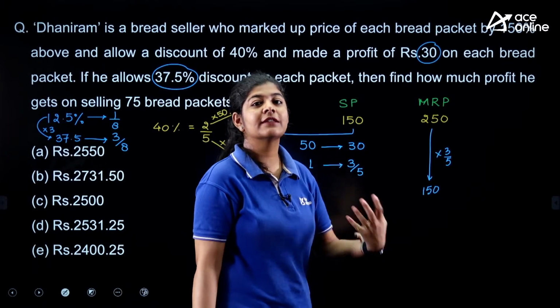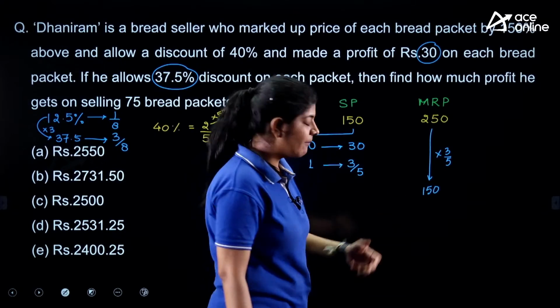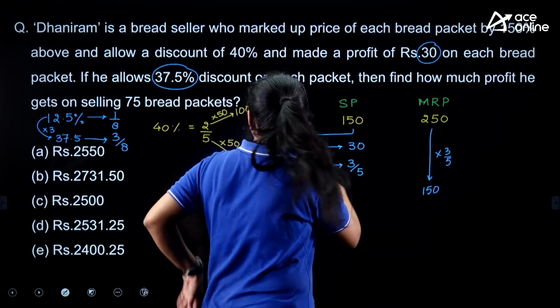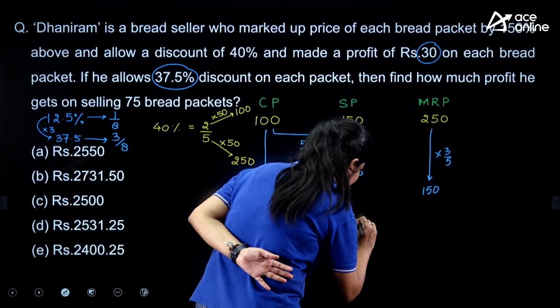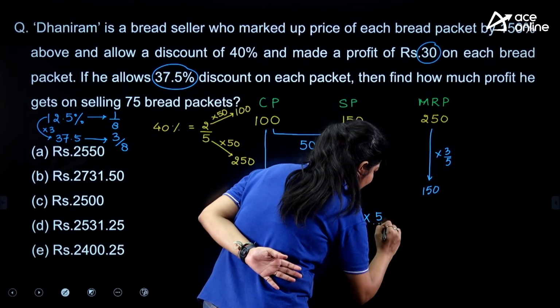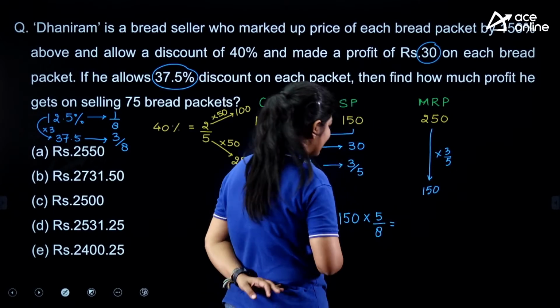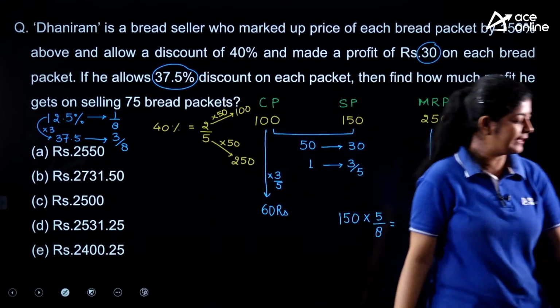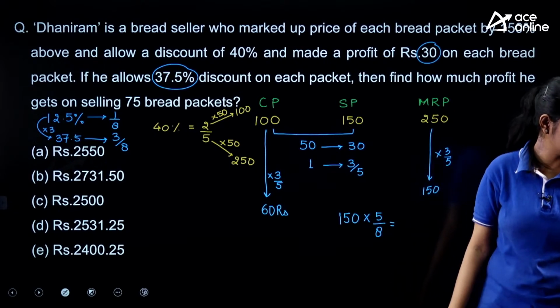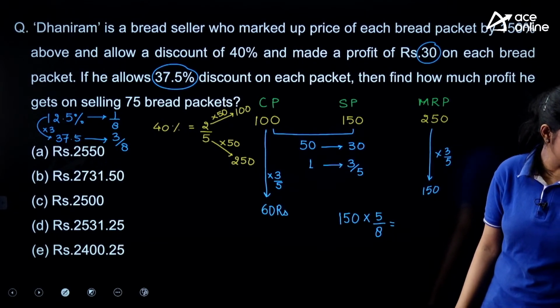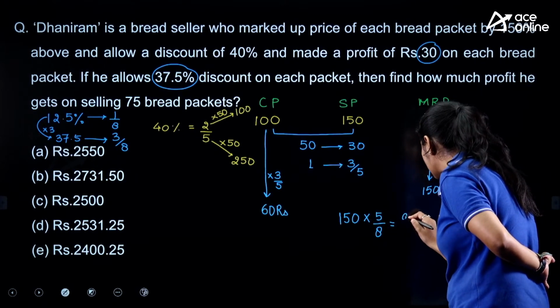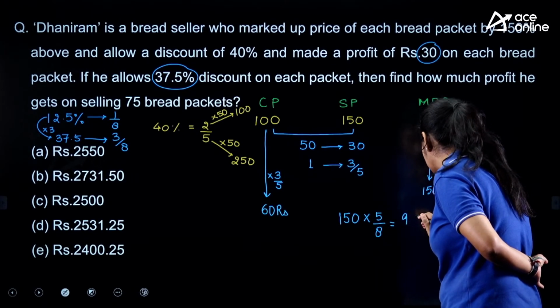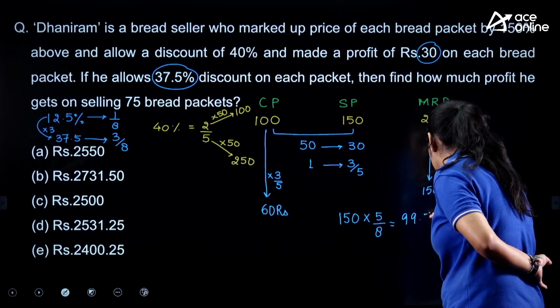Now with the help of this, I have to first calculate the SP of my single packet after giving this much discount. So 150, now I am selling it at 5 by 8, right? If I calculate this, what value am I getting? Any one of you? If you multiply, you will get 99.75, I guess.